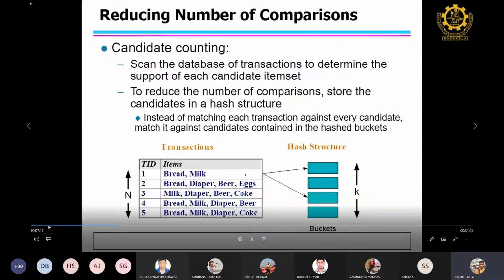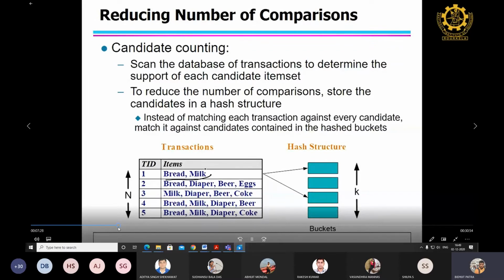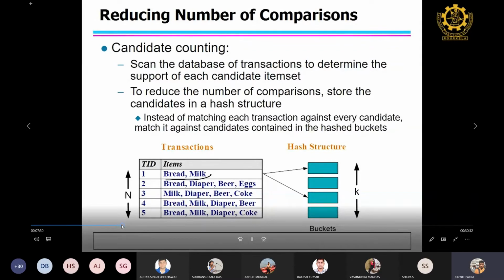So here is one example. Suppose these are the transactions. From here, bread, milk. So we'll generate the candidate item sets of length 2. Bread, milk will be one. So how do you find the frequency of the candidate item set? Let's say in this example, as we started yesterday, every item is arranged in lexicographic order.